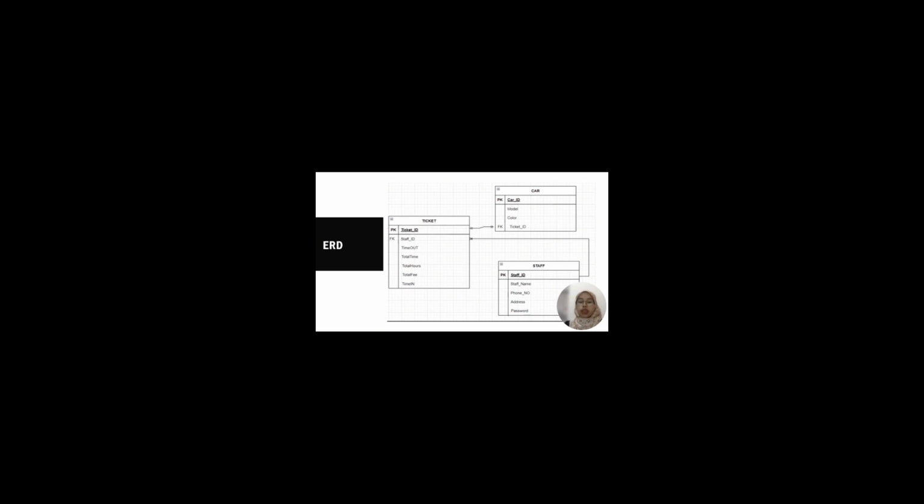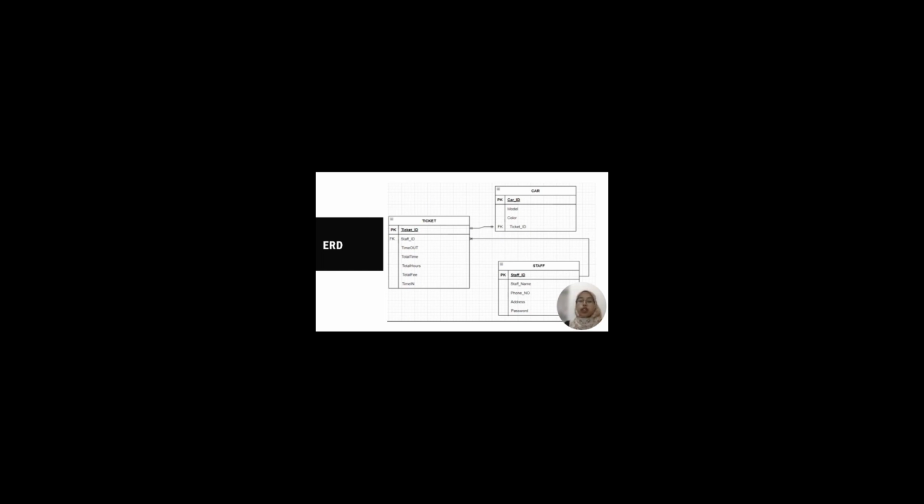The attributes continue with time out, total time, total hour, total fee, and time in. For the third table, we have a staff table, where staff ID will be the primary key, and the other attributes are staff name, phone number, address, and password.